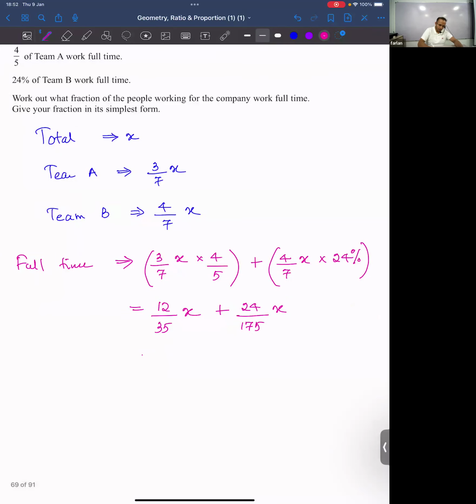Now the total number of full-time workers will be 24 over 175 plus 12 over 35, which is 12 over 25 X. Understood?